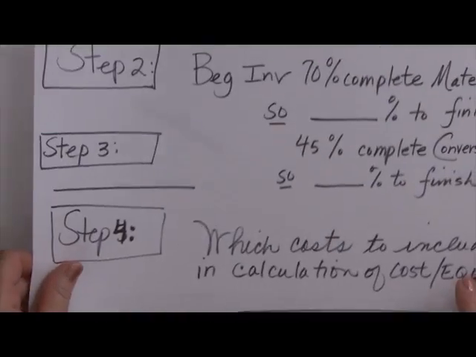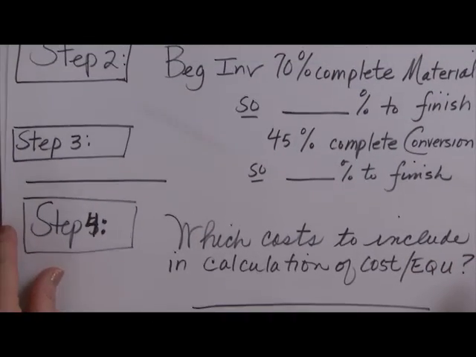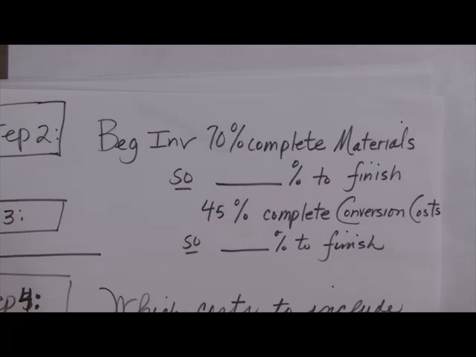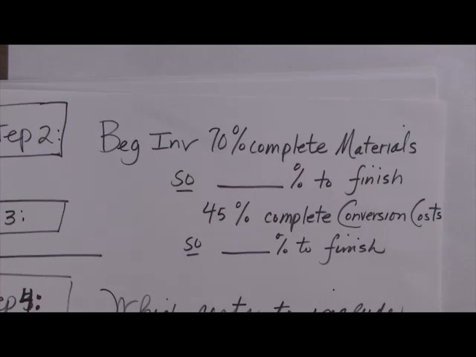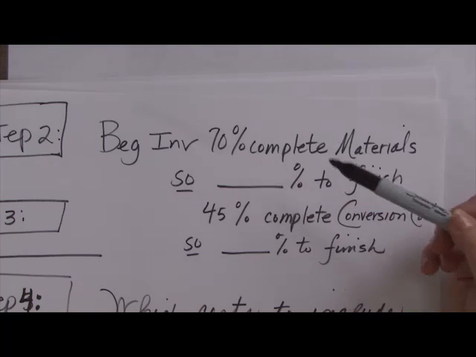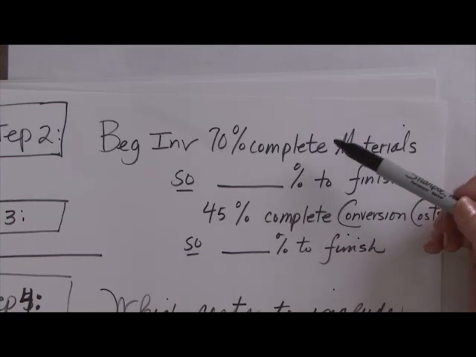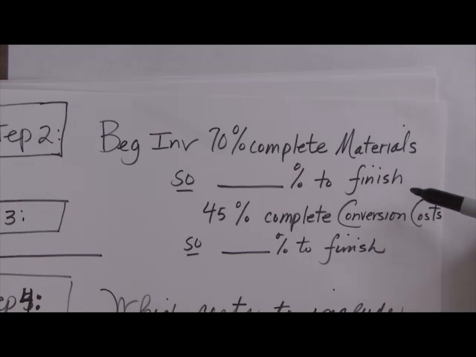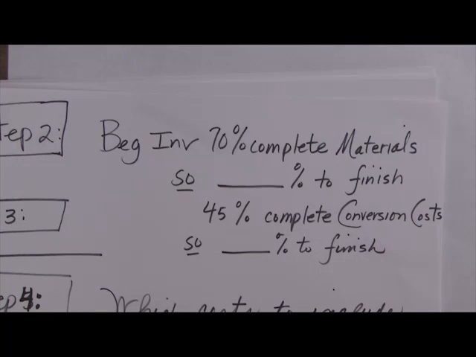When we use the FIFO method in step 2, when we're calculating equivalent units, we have to consider that our beginning inventory comes to us partially done, and in this case 70% complete as to materials. So we have to figure out how much work we did on these units this period.